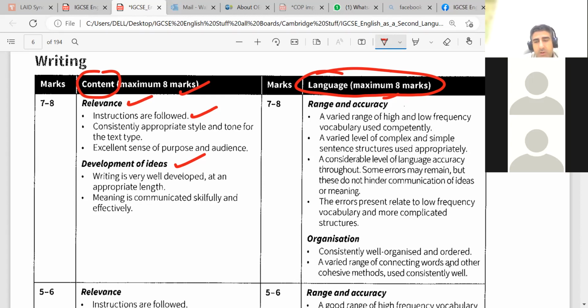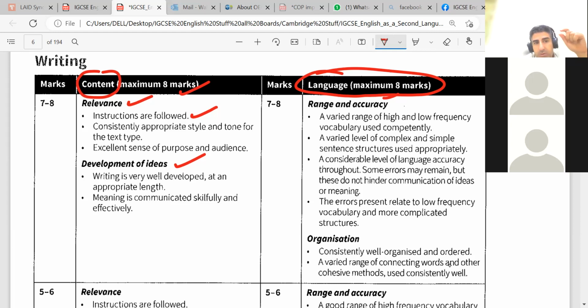And if you are required to write formal writing, of course, you need to use formal structures. This is what I mean by you should be consistent. Also, excellent sense of purpose and audience. You need to explain why you are writing this piece of writing. So what is the main purpose behind writing this email, for example, or this letter?